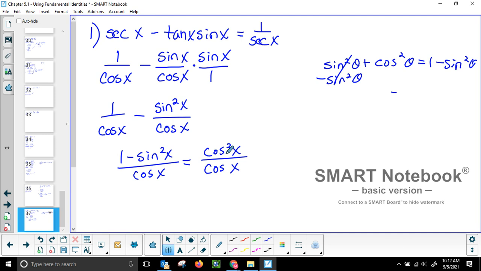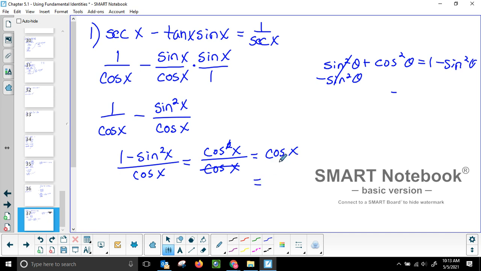Well, we talked about this a lot yesterday. What happens when we have a cosine squared x on top and a cosine x on bottom? Right. Cosine squared x is really cosine x times cosine x. So one of these cosine x's up top cancels with the one on the bottom, and we are just left with cosine x. Well, we're trying to get to 1 over secant x here.